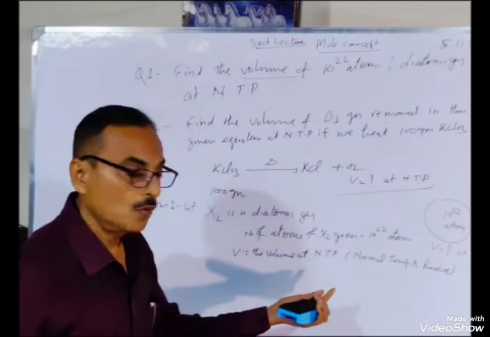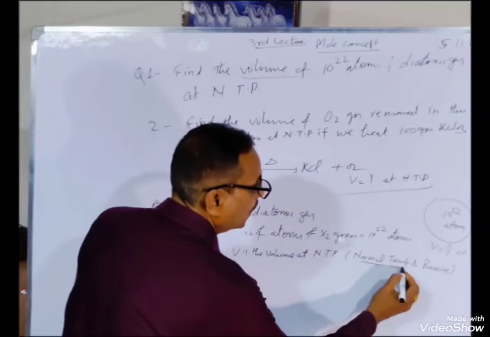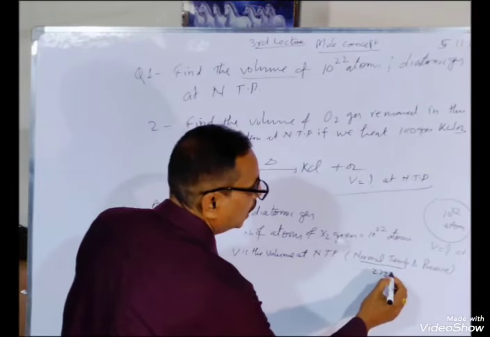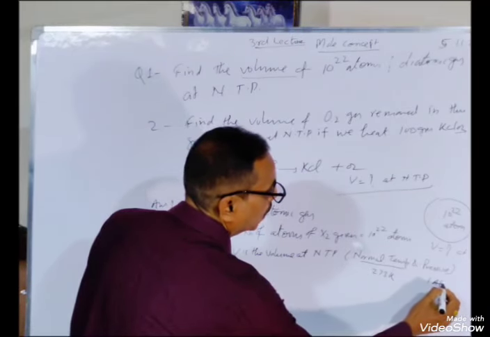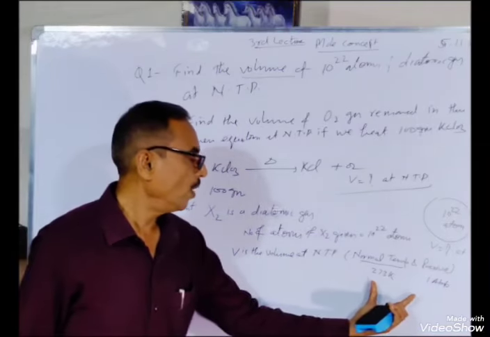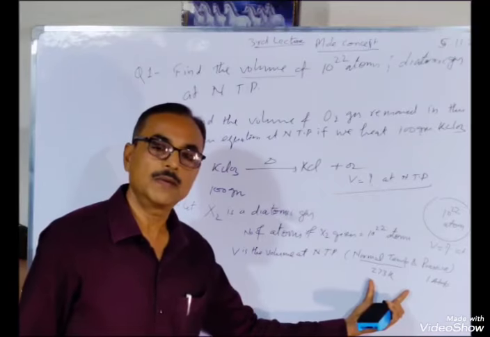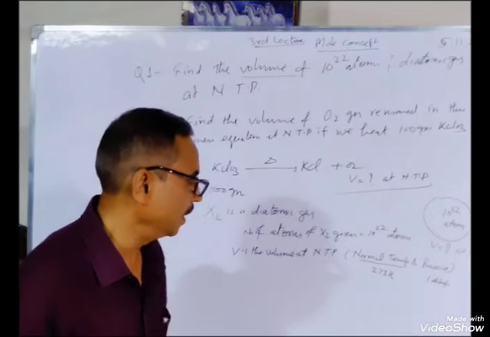Then what are the values? Normal temperature means 273 K in Kelvin and pressure 1 atmosphere. This is the condition of NTP. The temperature will remain constant at 273 and pressure 1 atmosphere.